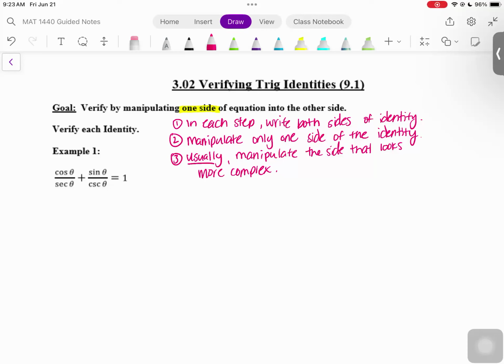Now, one other comment about verifying trig identities is that this type of problem and how we're going to set it up in this video is really difficult to assess or practice in any online environment. So more than likely, you will see problems similar to what we saw in the last video where you're just going to take a trig expression and manipulate it to look like something else.